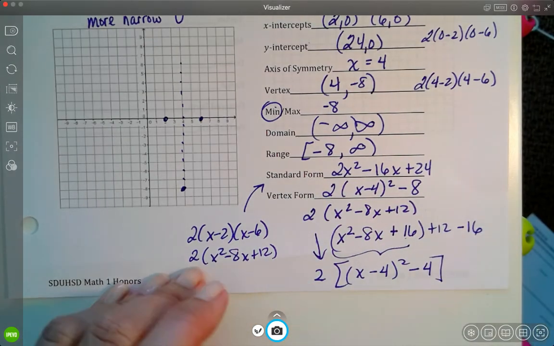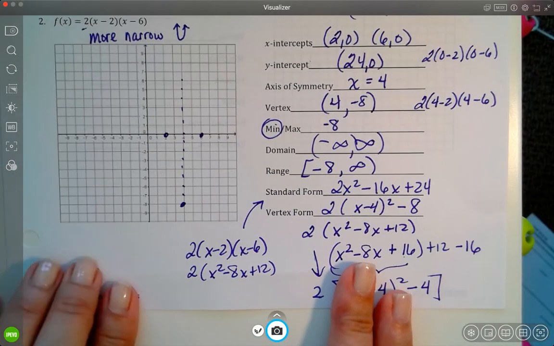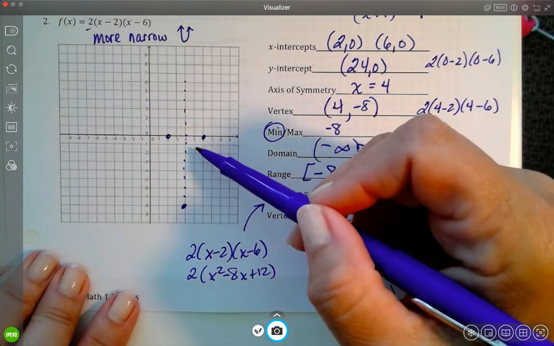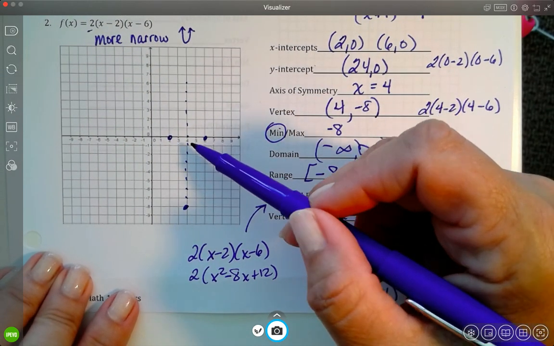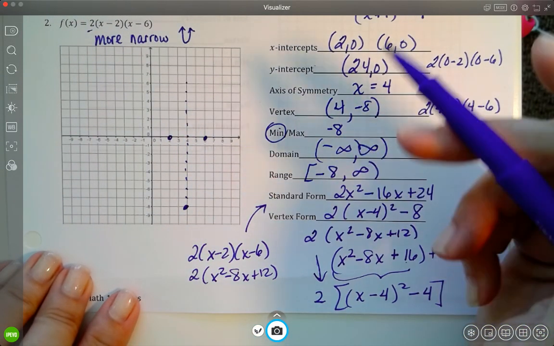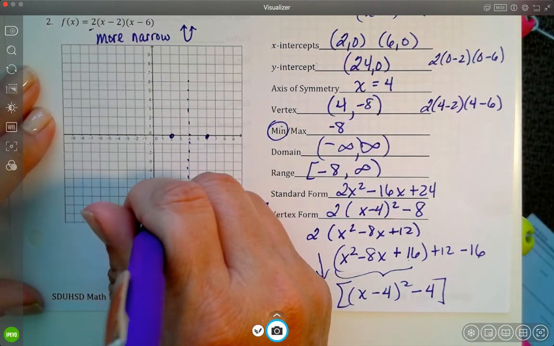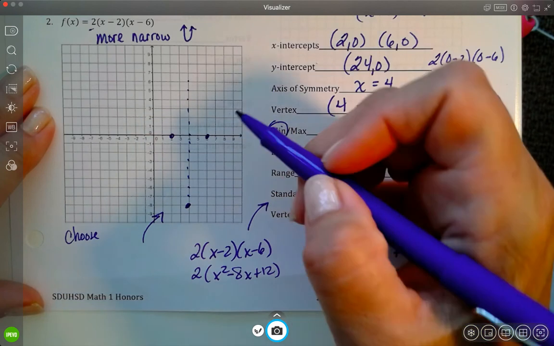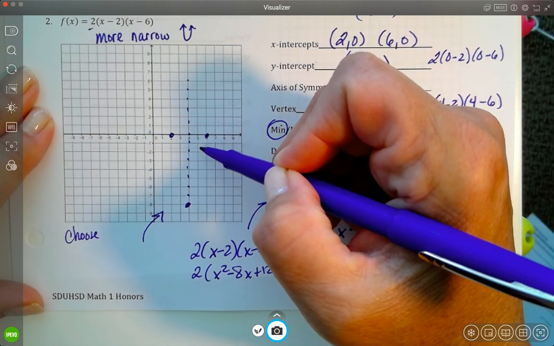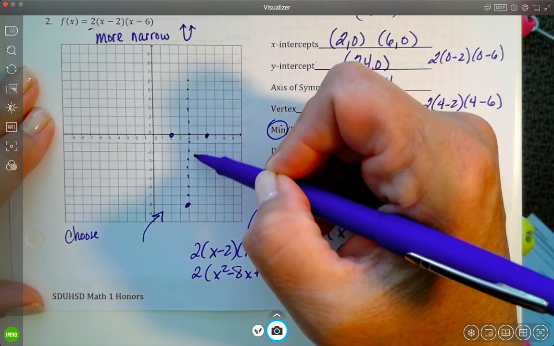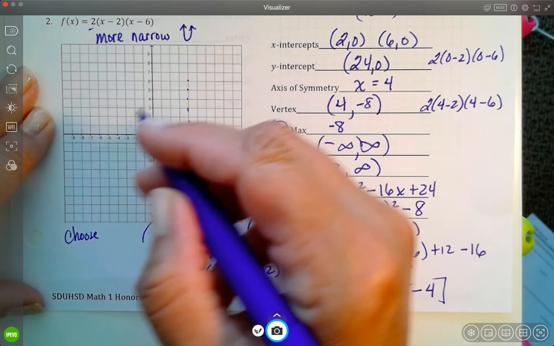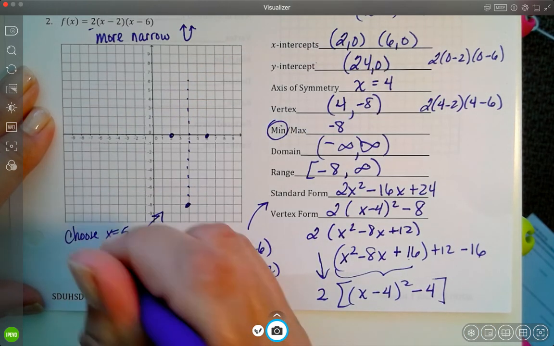Okay, so I don't have any other values in here to make a good sketch. So I'm just going to choose a value to plug in. Like just choose an x that's going to be in between these, so it gives me a good idea where there's a point in here. So 5 is in here. So I'm just going to choose x equals 5 and just plug it in.